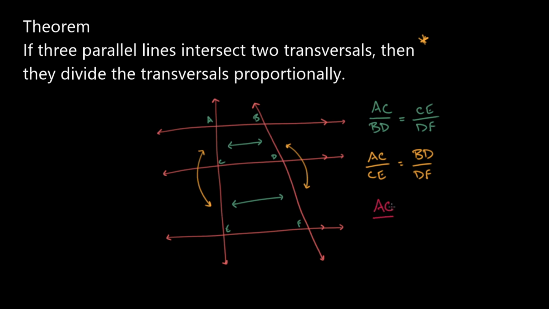I've been talking about using the first line and the second line in comparison with the second line and the third line, but I could also talk about the first to the second, so AC to BD, in the same way that I talk about this entire thing: AE is to BF. There are just so many proportions I can set up here because everything is being divided proportionally by these parallel lines. Now, the reason that I said this is a more general case of what we were just talking about, well, let me draw this again.